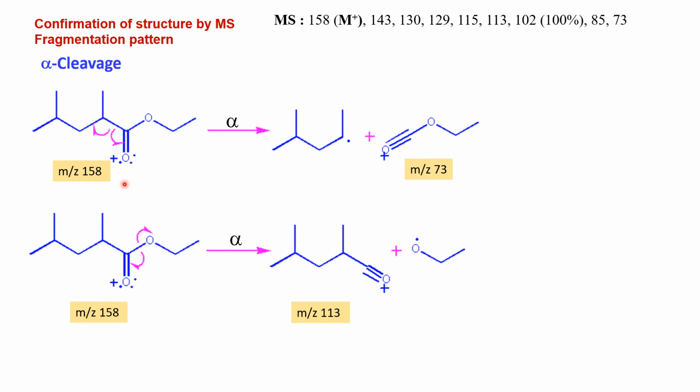In the second alpha cleavage, the bond between carbonyl carbon and carbon undergoes homolytic cleavage, giving an alkyl radical, and an acylium ion will appear at m/z 73. From this acylium ion, carbon monoxide can go as a neutral molecule, giving the alkyl cation at m/z 85.